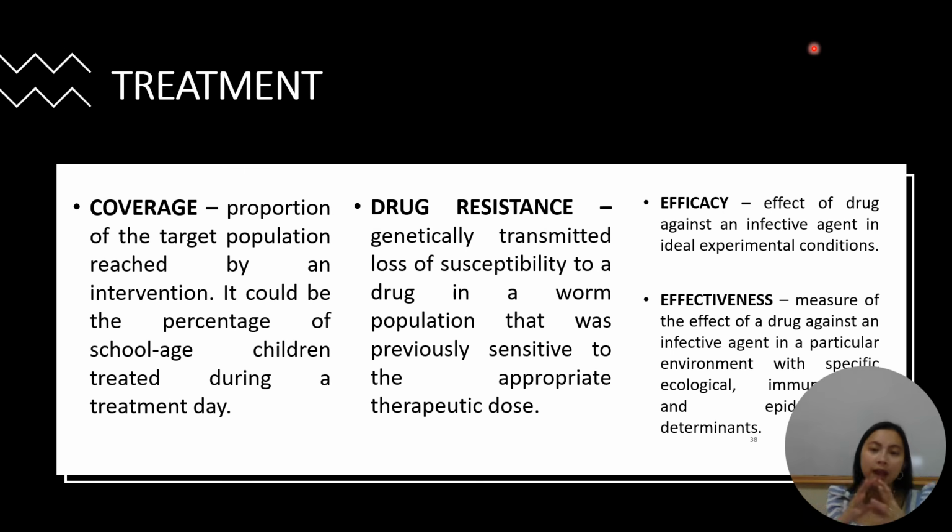That's why they have to be given a certain amount of time, right? So the cure rate and the egg reduction rate are indicators that are commonly used to measure the effectiveness or the reduction of the prevalence and reduction in intensity of infection of the patient, respectively.